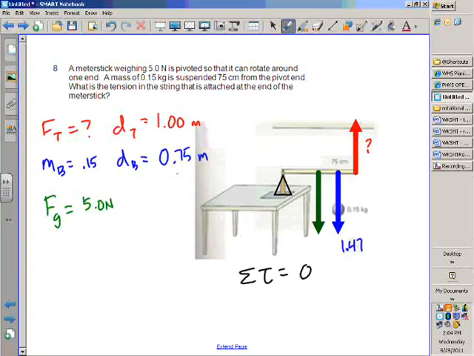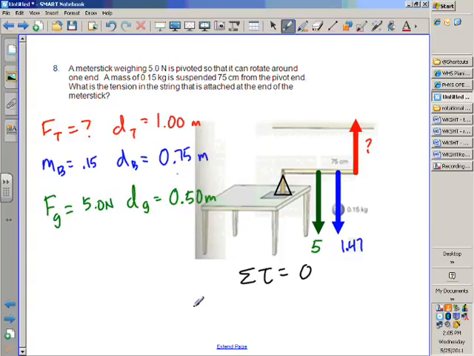We don't have to do anything with that, so we can just label this as 5 here. And where did we say that gravity was acting on that meter stick? In the middle. So what's the distance going to be here? 0.5. Okay. Does that make sense?